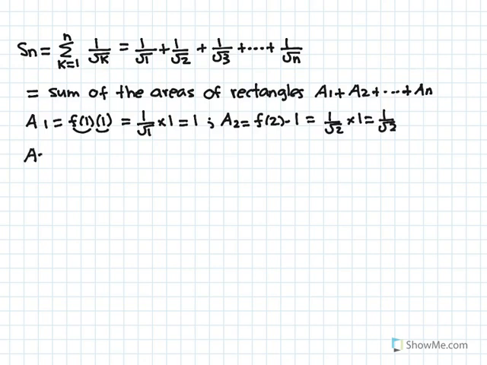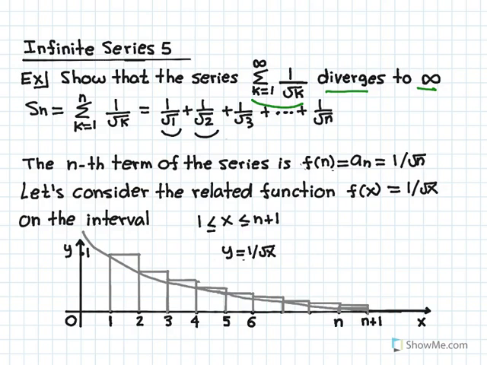Similarly, A3, the area of the third rectangle, is f of 3 times 1. This is equal to 1 divided by root 3 times 1, which is equal to 1 divided by root 3. This is the area of the third rectangle. We're basically computing these areas.